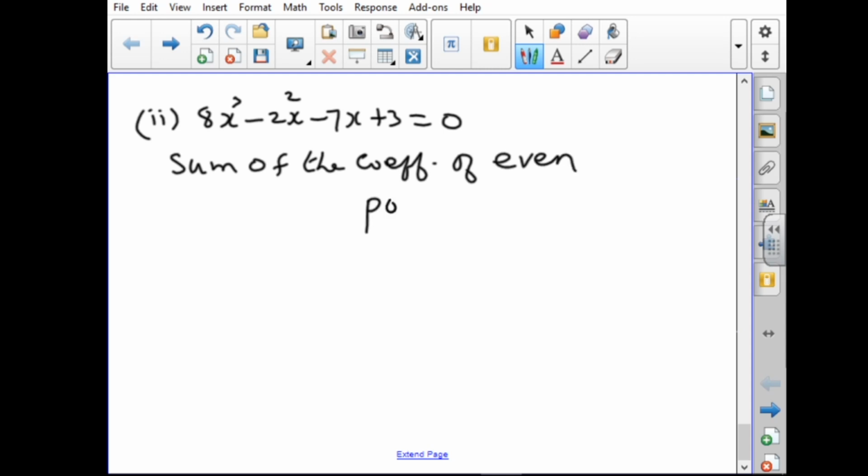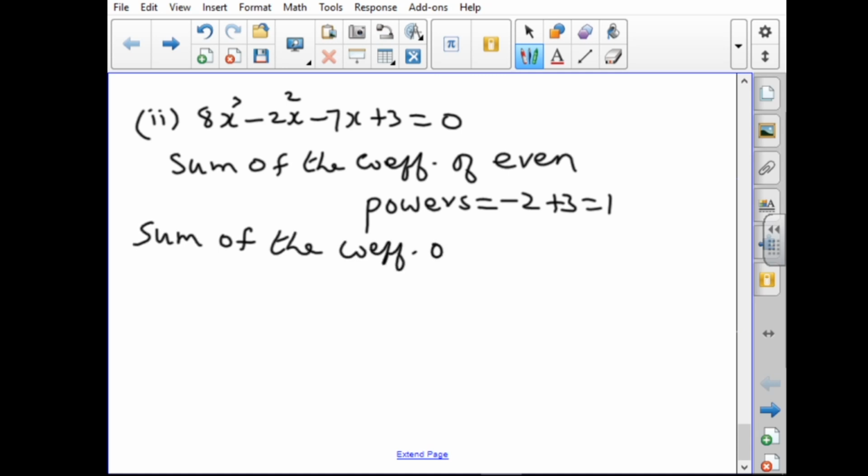The sum of the coefficients of even powers is, so what are the even powers? Minus 2 plus 3, which is equal to 1, and the sum of the coefficients of odd powers. So, what about odd powers? It is equal to 8 minus 7, which is equal to 1.